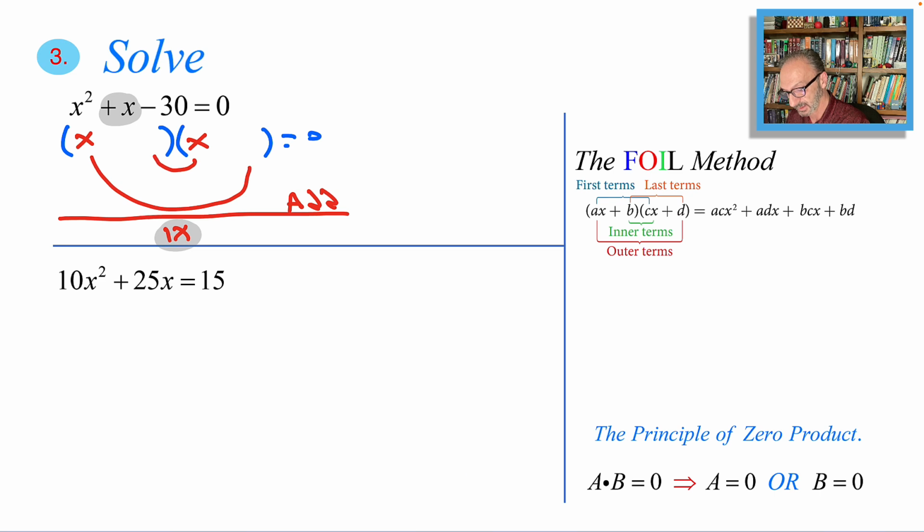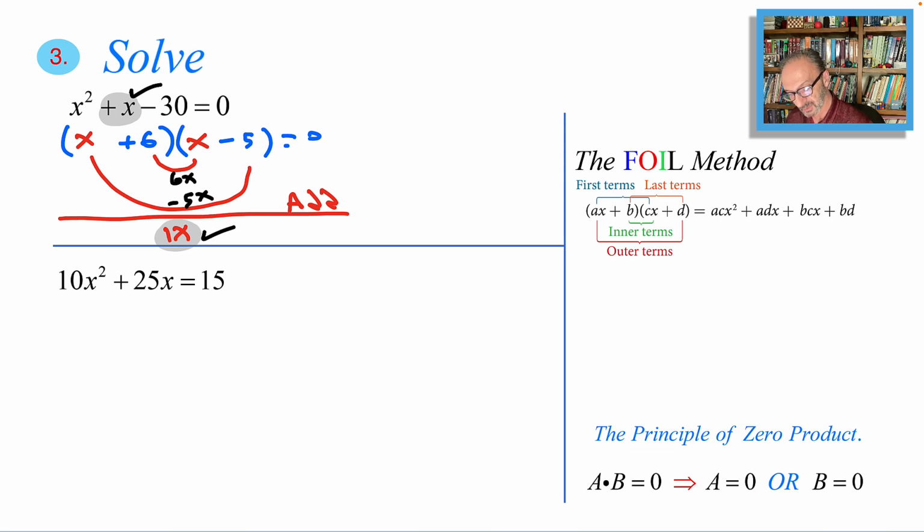Going inside, let's give it a try. I have x minus 5 and x plus 6. So inside, the inner one from the word FOIL, we have 6x, and out I have -5 times x, which is -5x, and if you add them you get 1x, as expected and as planned.